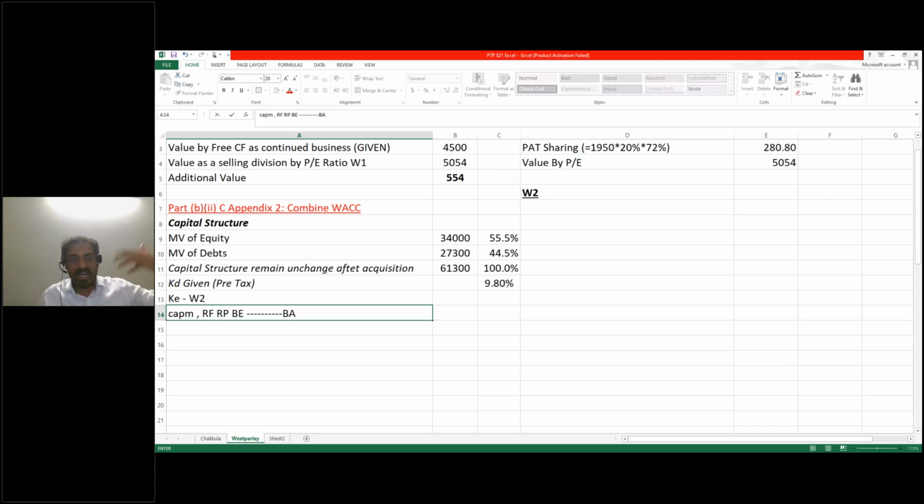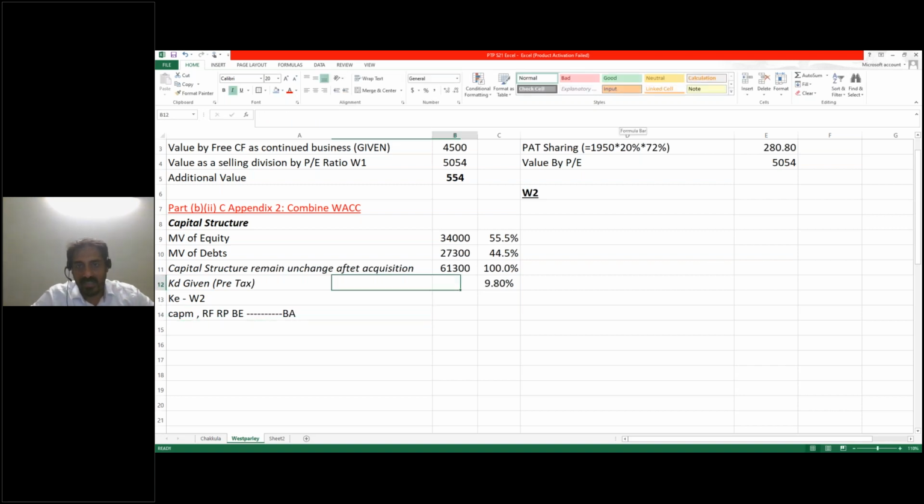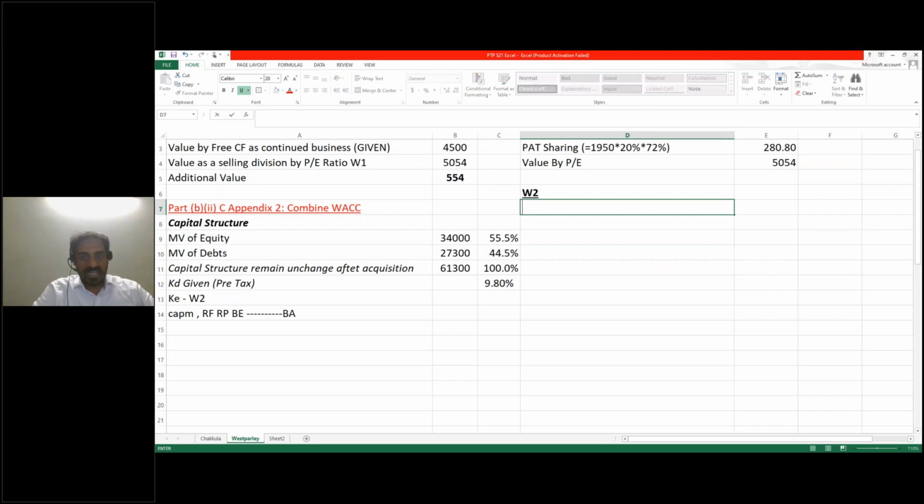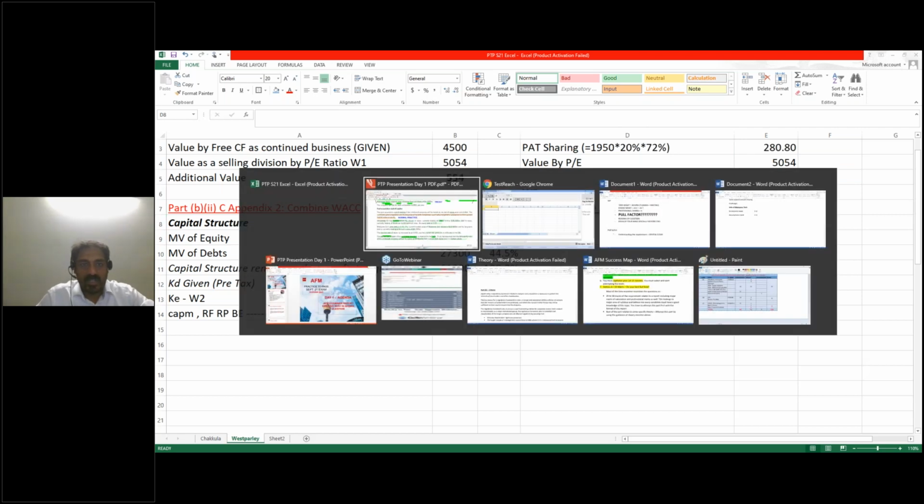Sir, for KE, RF is not the issue, RP is not the issue. If we get the beta asset of the combined company, then we can easily adjust with the capital structure. So the important thing is the beta asset, the weighted average. Yes, that is the key point: the beta asset for the weighted average. Weighted average, quickly read the requirement.